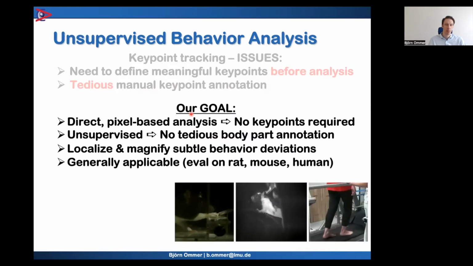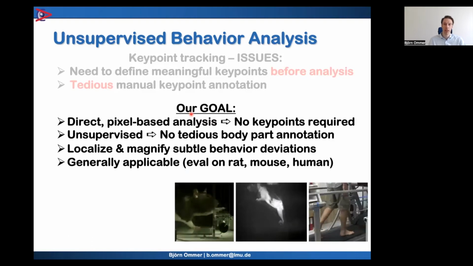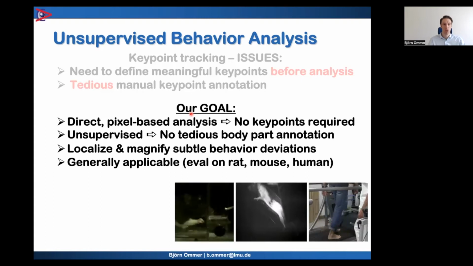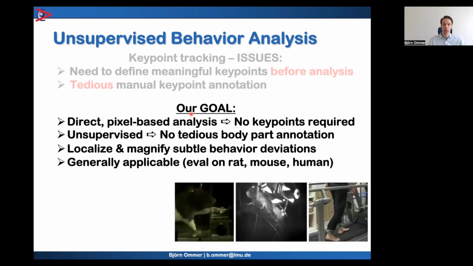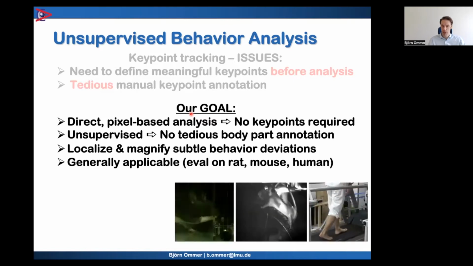So to summarize, our goal is to automatically learn to compare postures directly using the pixel-based videos without requiring a detour through key points. We train without requiring body annotations and want to magnify subtle behavior deviations.